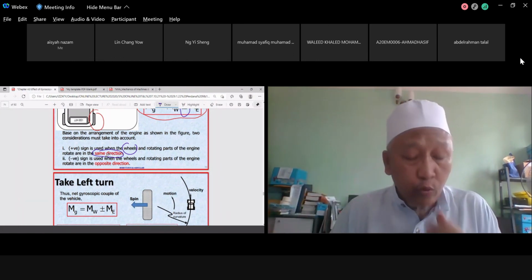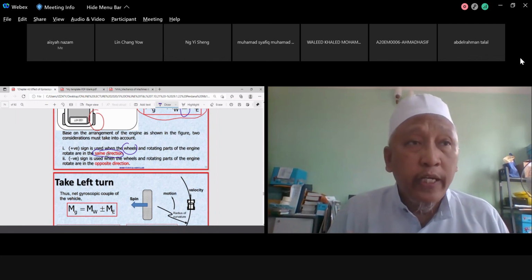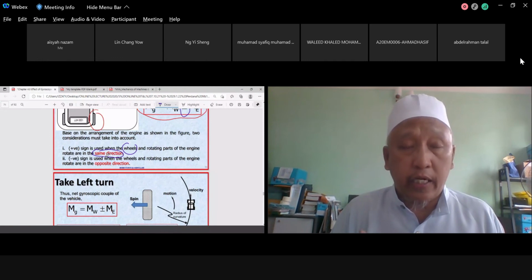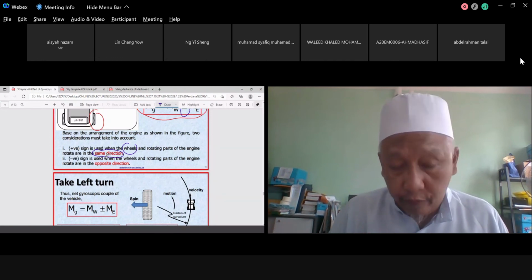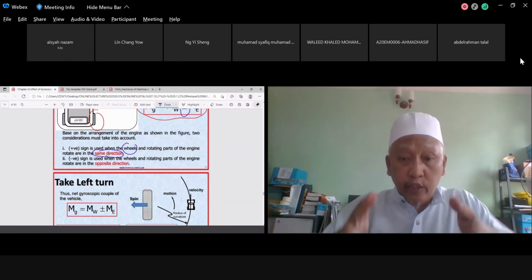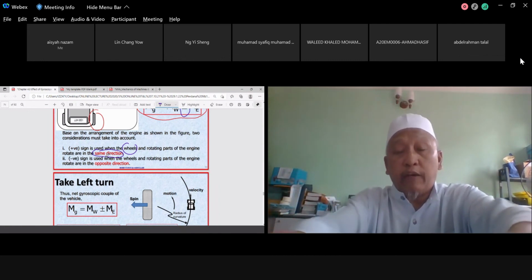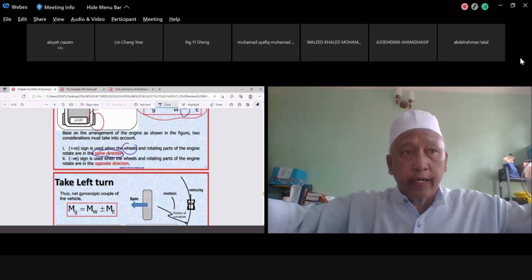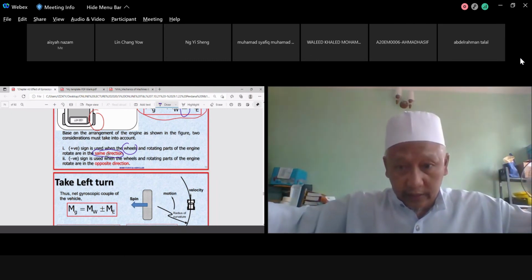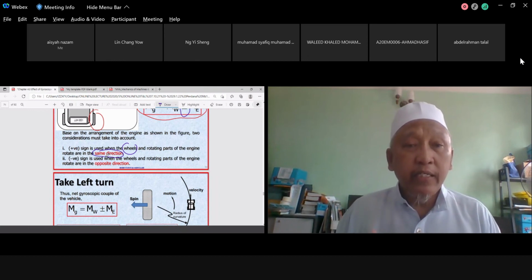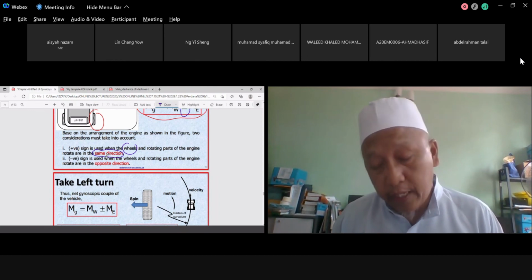If you go to continental or European cars, namely Audi, Mercedes, BMW, for example, you found that the engine is located transverse and also longitudinal. It's perpendicular, so the direction of the engine and the speed of the wheel will not be the same.